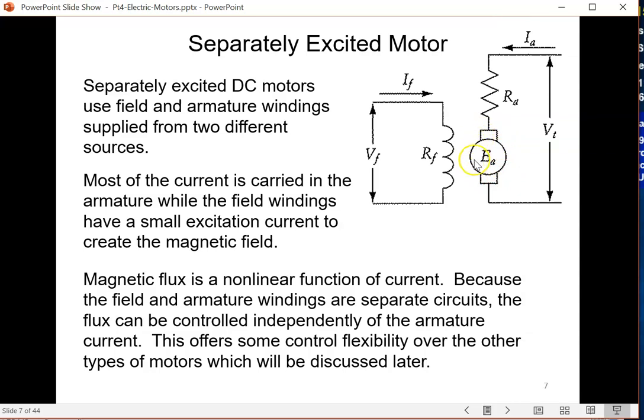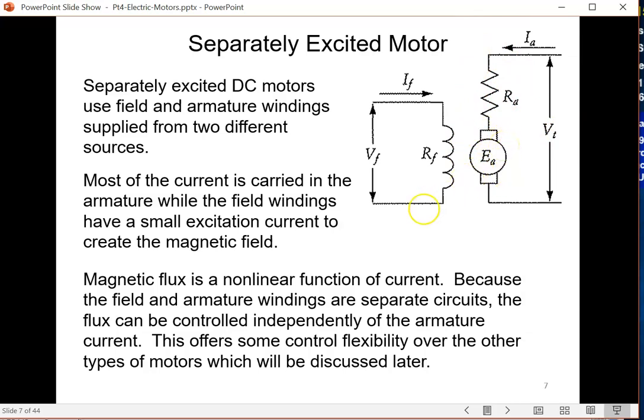It's a result of the interaction between the magnetic field and the rotation of the rotor. This produces a voltage that opposes this voltage, so it's trying to reduce the current in the coil. So bear that in mind.